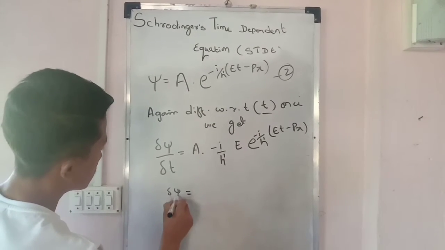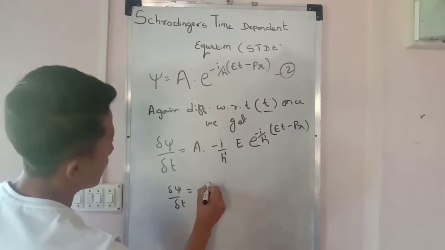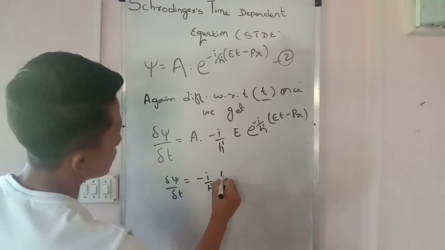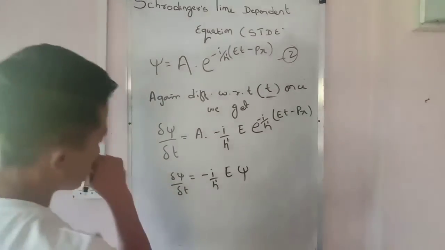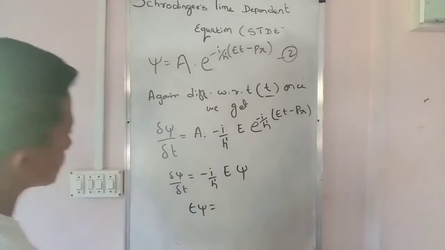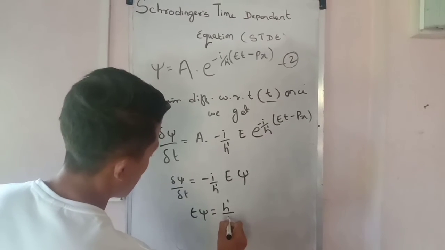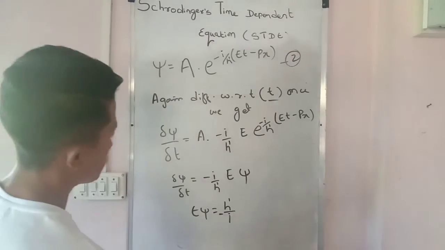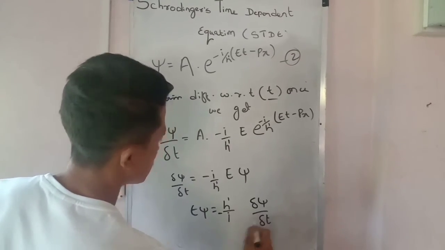So del psi by del t equals minus i E by h dash psi. From this, the value of E psi will be h dash by minus i del psi by del t.